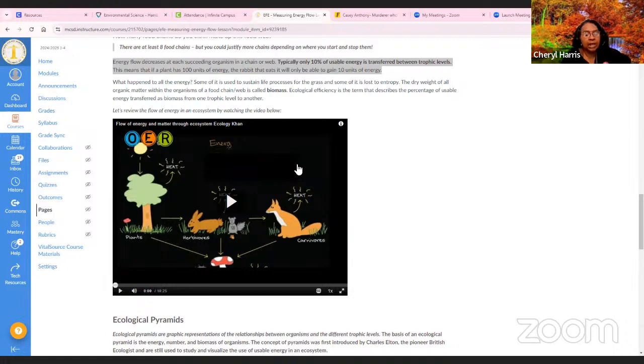Just looking at the diagram, the tree is your producer, the rabbit is your herbivore, it eats plants. Then you have what looks like it could be a mouse or something like that. That's not labeled, but those are the herbivores. Then you have your carnivore, which eats the rabbit and the mouse or the squirrel. That looks like it's a squirrel.